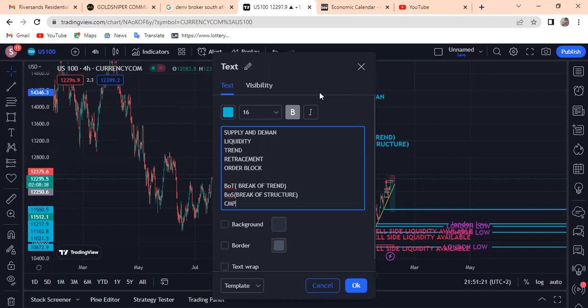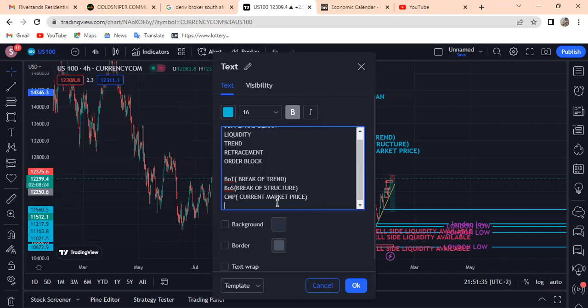And then we have CMP, which stands for current market price. And there's IPA, which is impulsive price action. So yeah, I think these are the major ones.